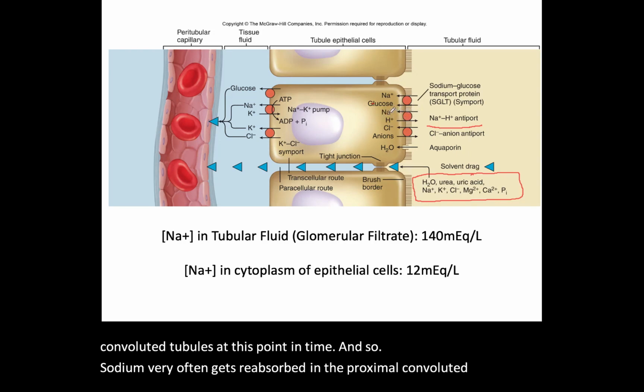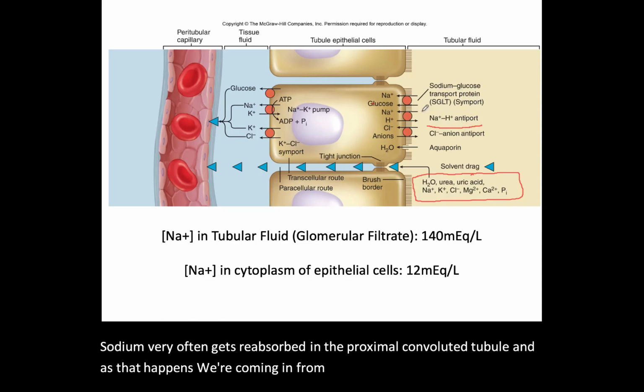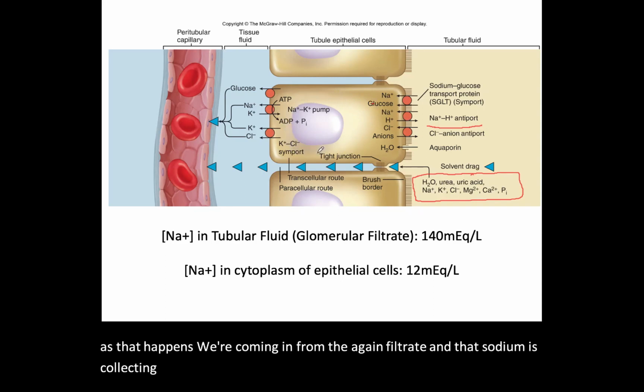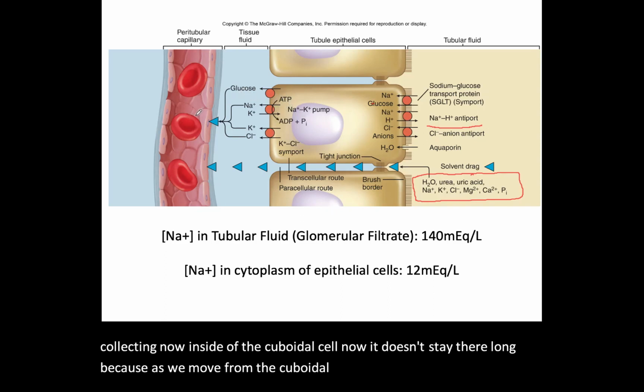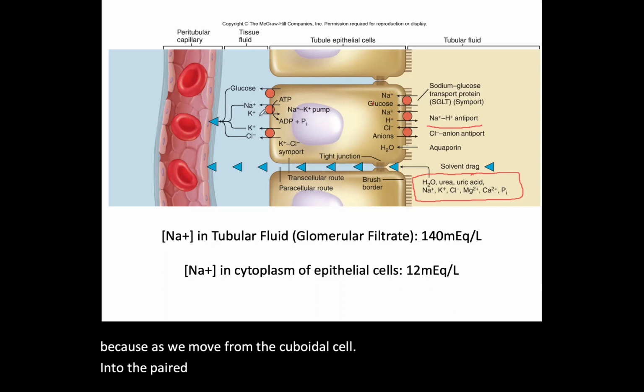And as that happens, we're coming in from the filtrate, and that sodium is collecting inside of the cuboidal cell. Now, it doesn't stay there long, because as we move from the cuboidal cell into the peritubule capillary, we can see that we have sodium-potassium pumps that regulate that.